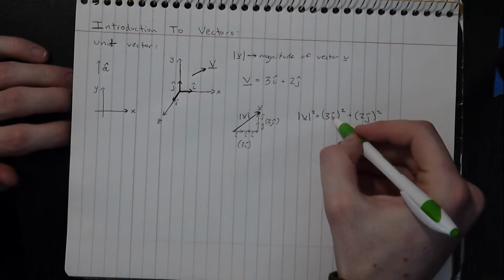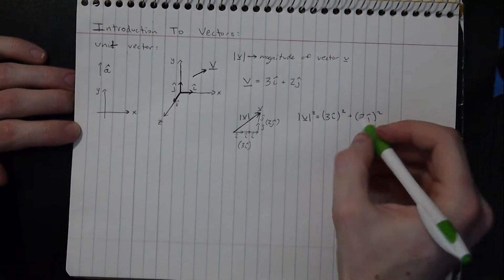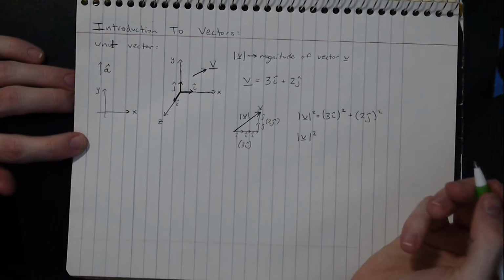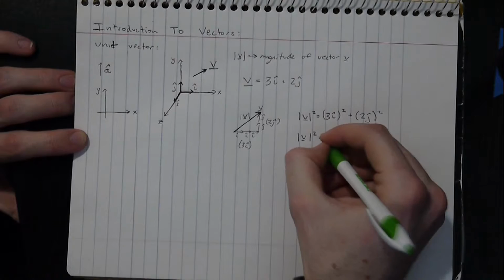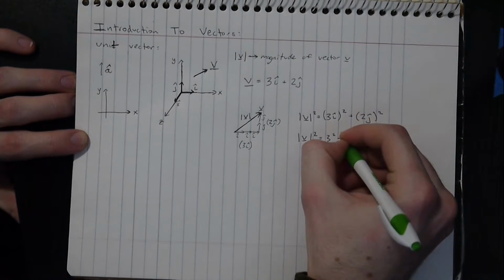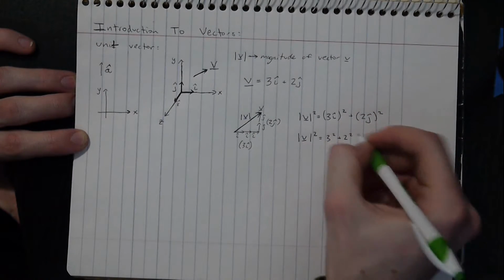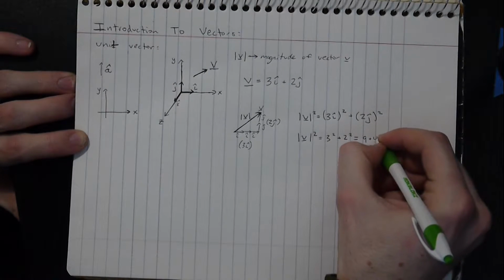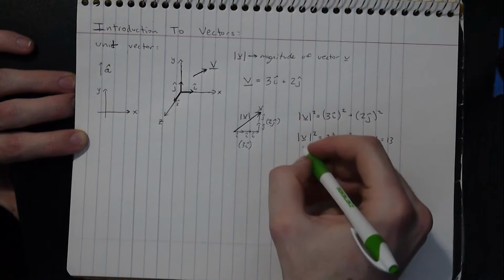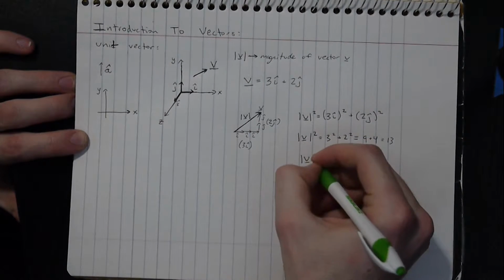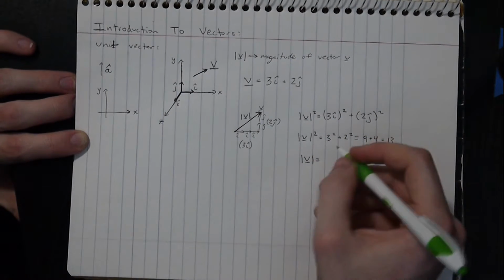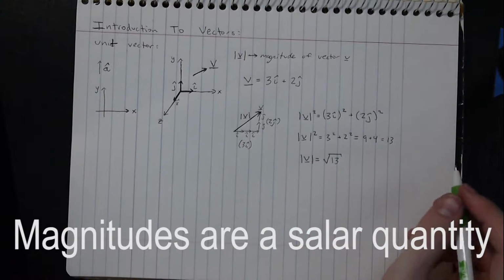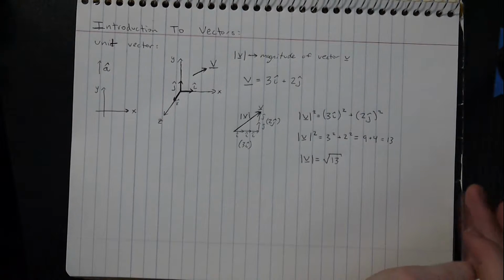And since we know that i and j have a unit length of 1, we can say that the magnitude of vector v squared is equal to 3 squared plus 2 squared, which is equal to 9 plus 4, which gives you 13. So the magnitude of vector v is equal to the square root of 13.